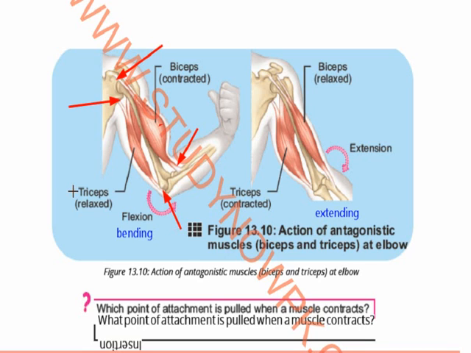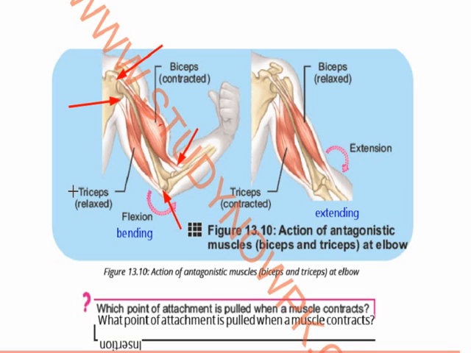Now we have cleared two points: what antagonistic muscles are, and what origin and insertion are. The antagonistic action is the action performed by the muscles which work in pairs. It means they are doing opposite jobs, and when one is relaxed, the other contracts. When the other is contracted, the first one relaxes.